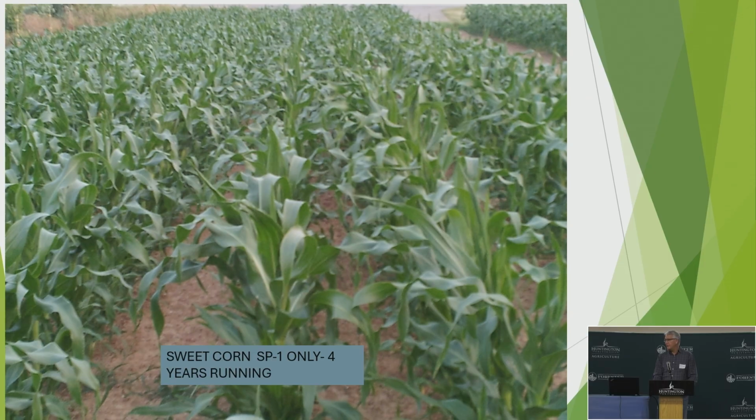So this is year 5 with no other inputs than SP1, which now we would use our bioenergy. But he was using like 30 gallons per acre and a little bit of molasses with it. So it kind of illustrates what is possible just with microbes.